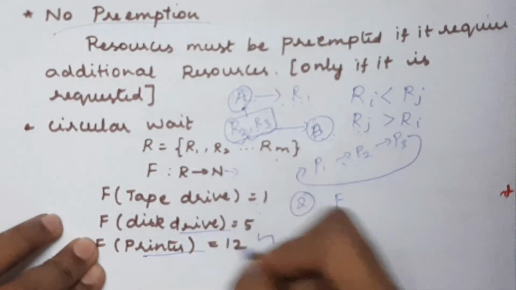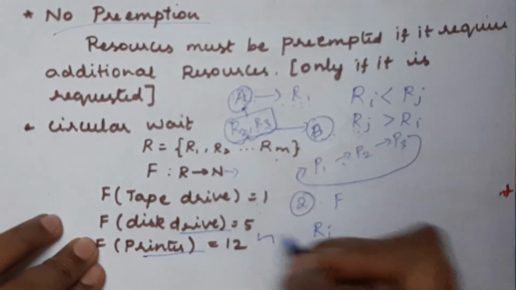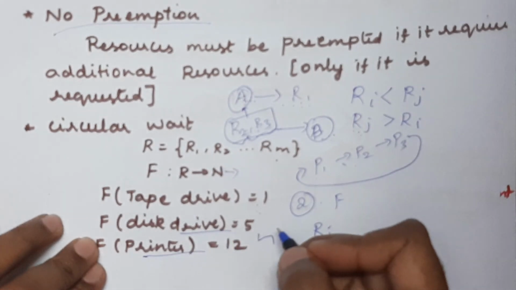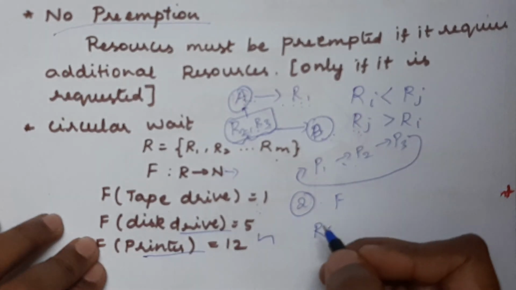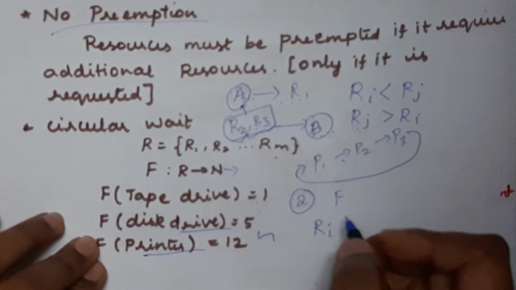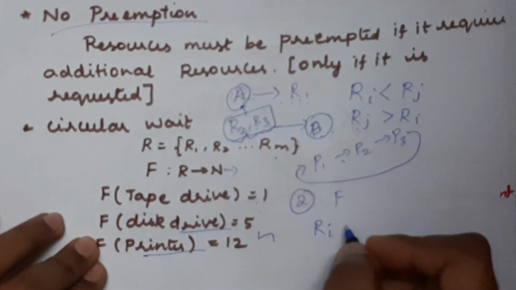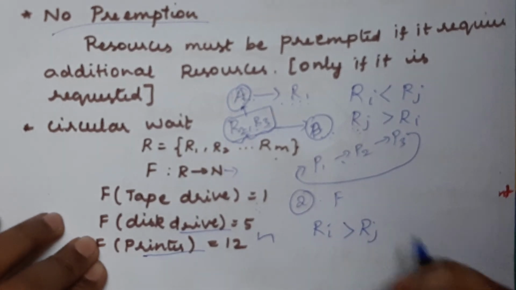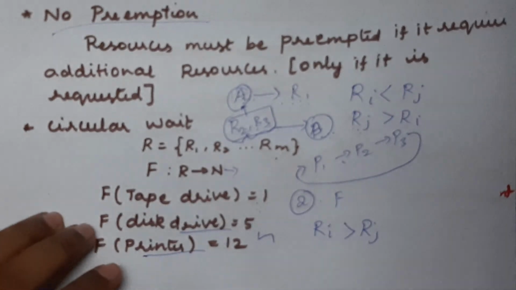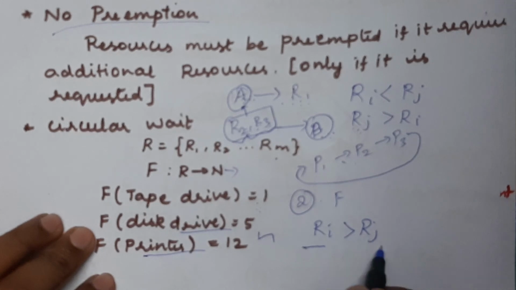So the printer's resource number is 12, let it be Ri. And the next resource it is allocated is a disk drive. If it releases the resources, it should release in this order, which means Rj must be released first and afterwards Ri must be released, because Ri is greater than Rj.